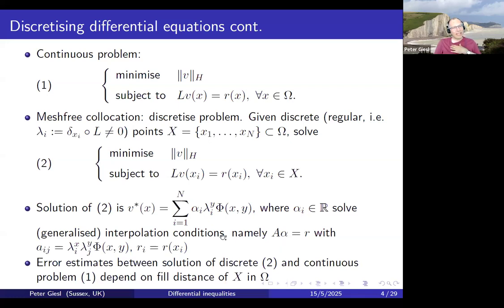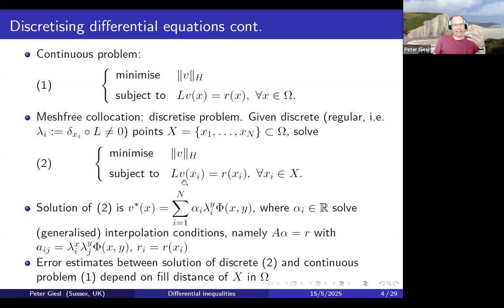So practically all you really need to do is you fix your kernel, you fix your collocation points, you compute A, you compute R, then you can solve this system of linear equations, get alpha, plug it in, and you have your solution.